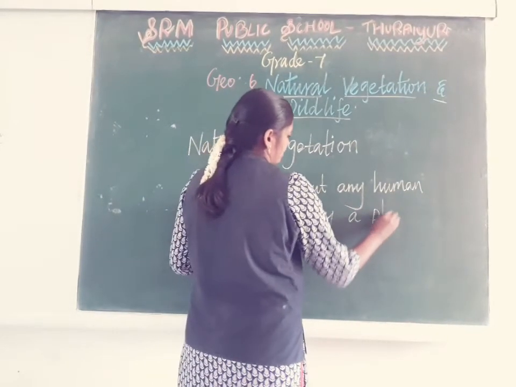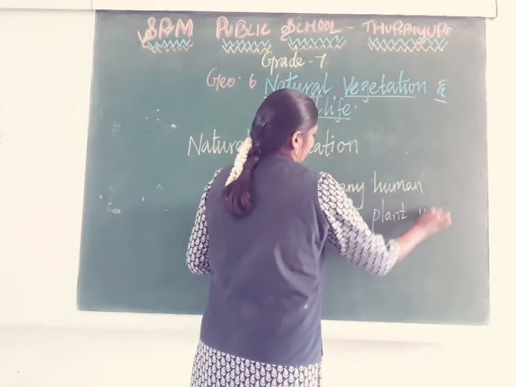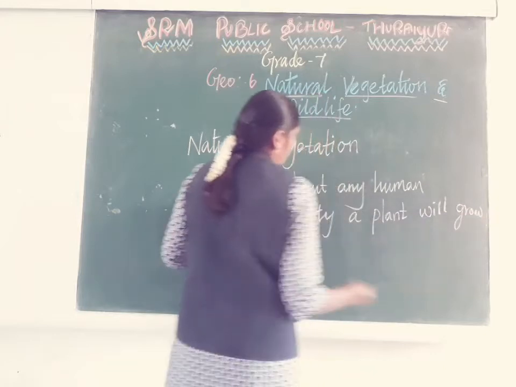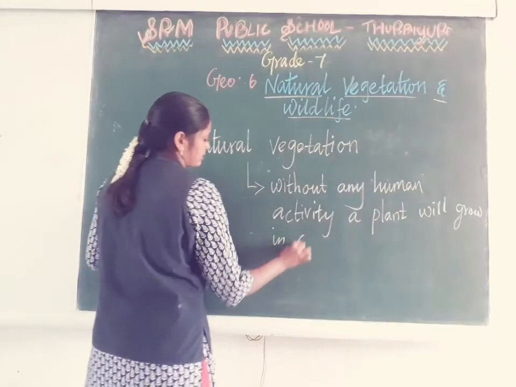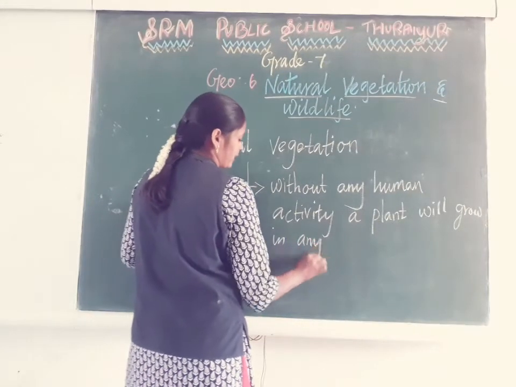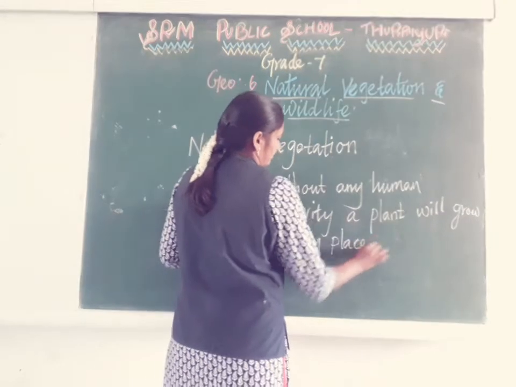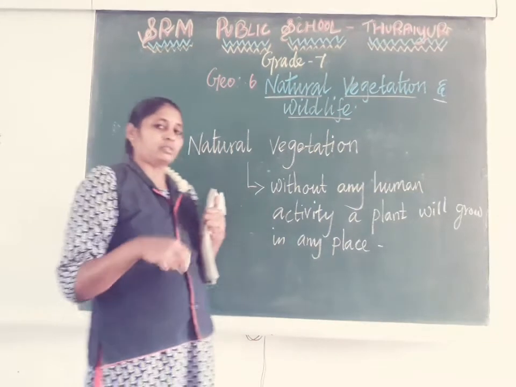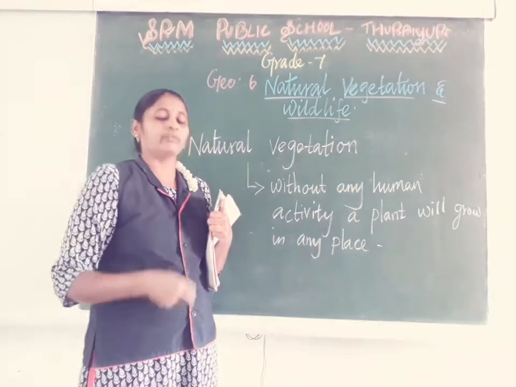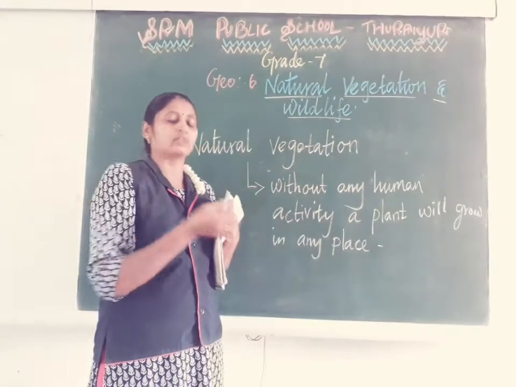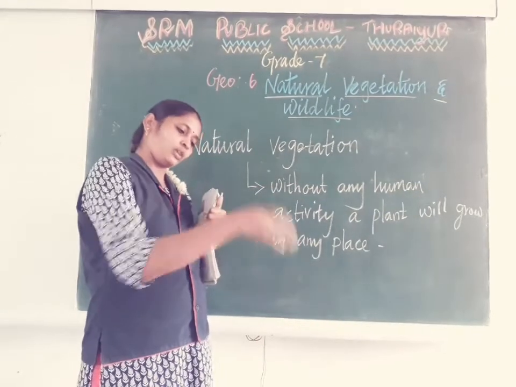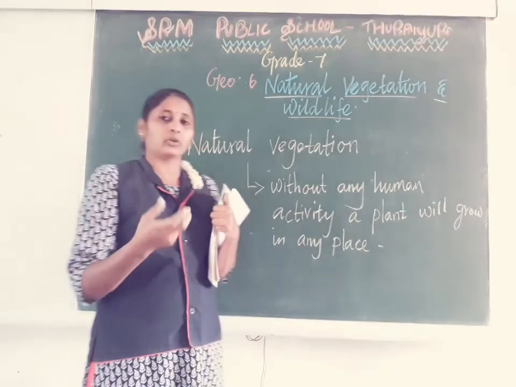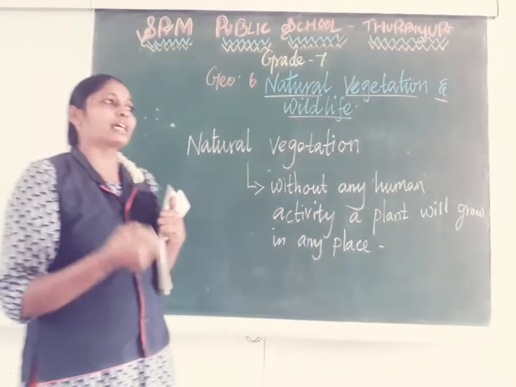It is called natural vegetation. We people are not going to sow the seed, and we should not pour the water. By nature, whichever plants grow in one place, that is called natural vegetation.